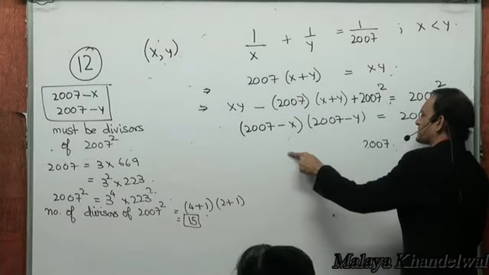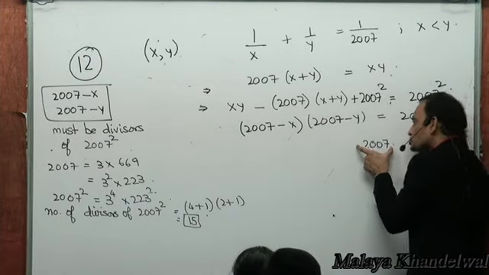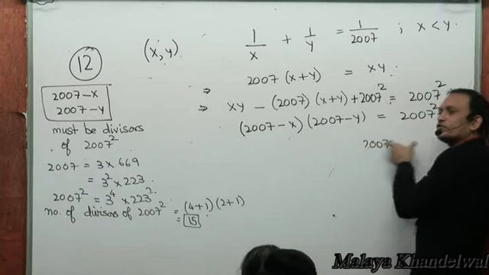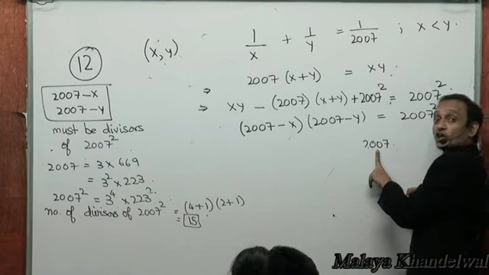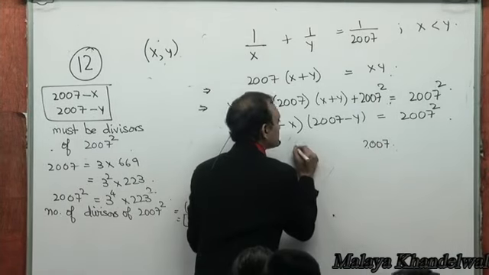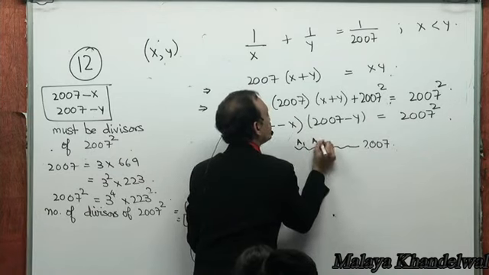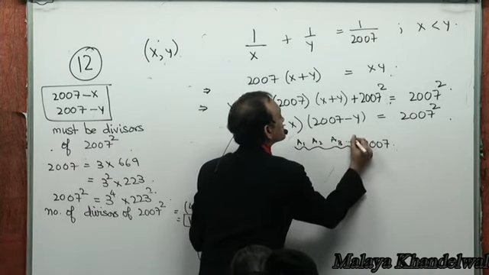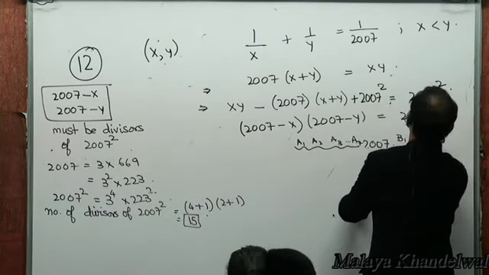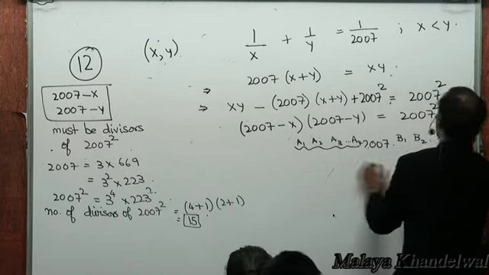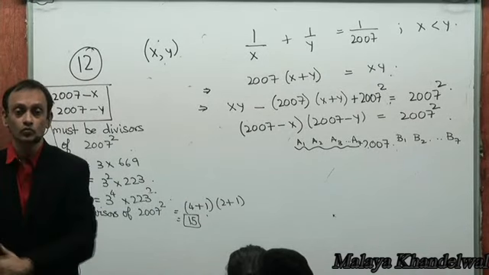Now if I arrange those factors in increasing order, out of 15 factors, 7 of those factors will be before this and 7 will be after this, and this will be exactly halfway between those. Yes or no? So there would be 7 factors before this, say A1, A2, A3 up to A7, and 7 factors after this, B1, B2 up to B7. That makes it 15 factors in all. Yes or no? Right.